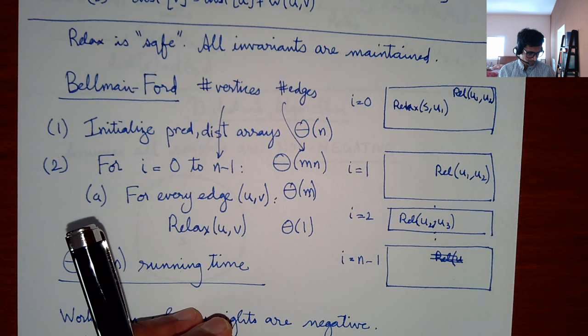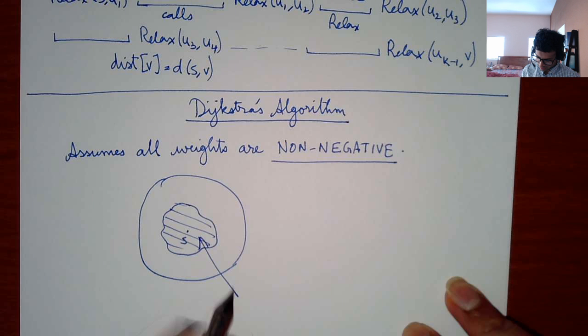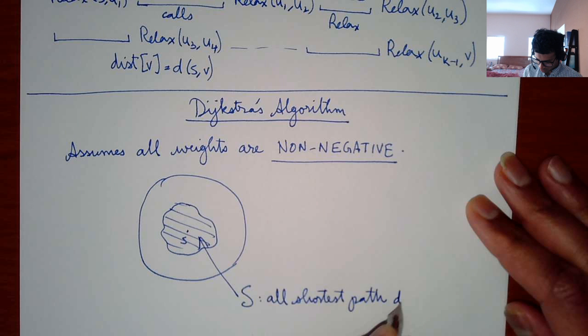So the best way to understand Dijkstra is to have this sort of picture in mind. So let's just say that I'll call this set capital S, and say all shortest path distances in capital S have been found.